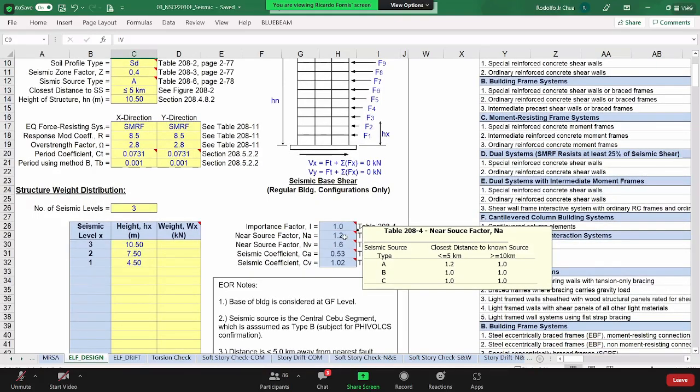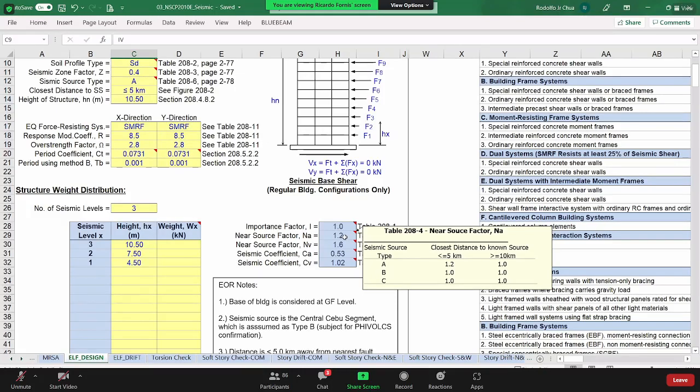Now, the next parameter is we can determine the near source factor NA and the near source factor NV. This near source factor is important to determine the seismic coefficients CA and CV. So these are for computing the seismic acceleration.